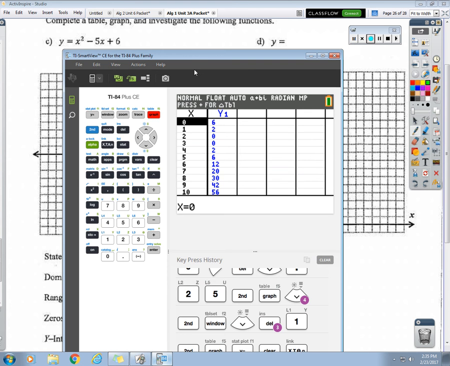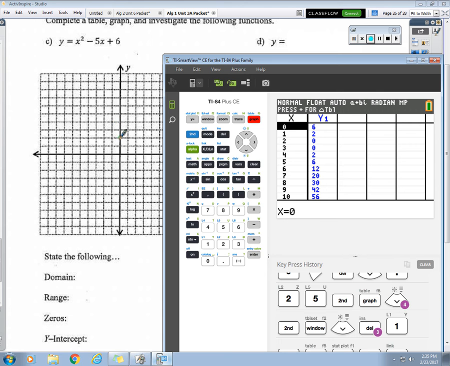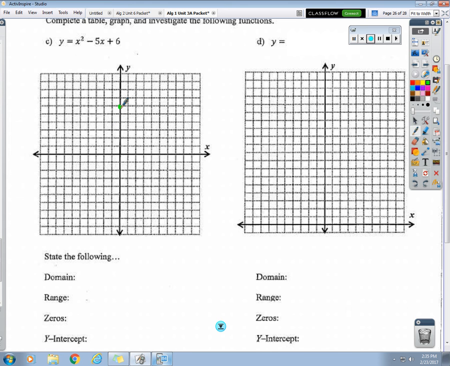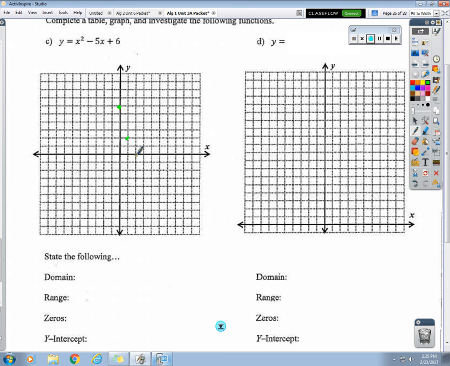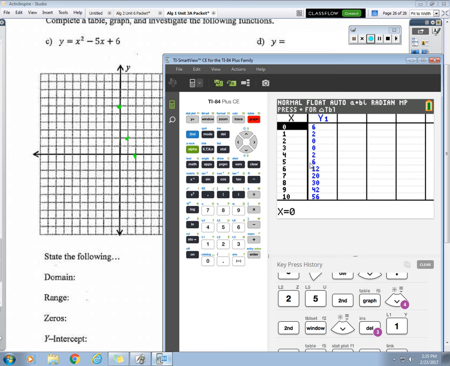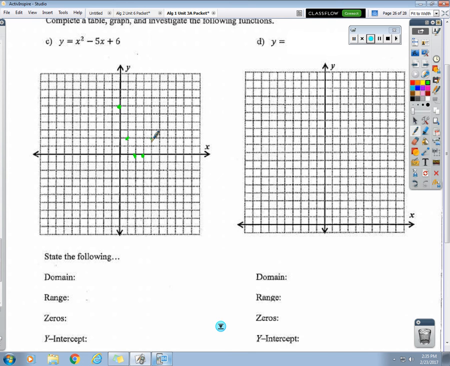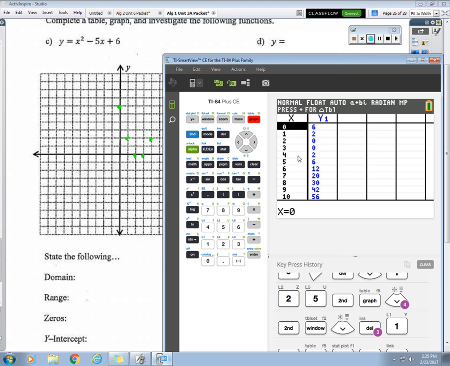Okay, 0, 6 is good. And then another nice point would be 1, 2, 2, 0. And then another nice point is 3, 0, and then 4, 2. And then 5, 6.